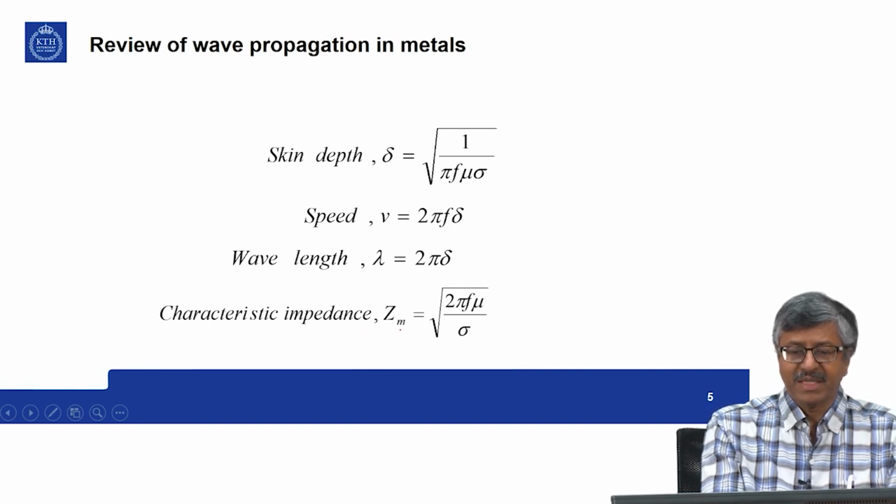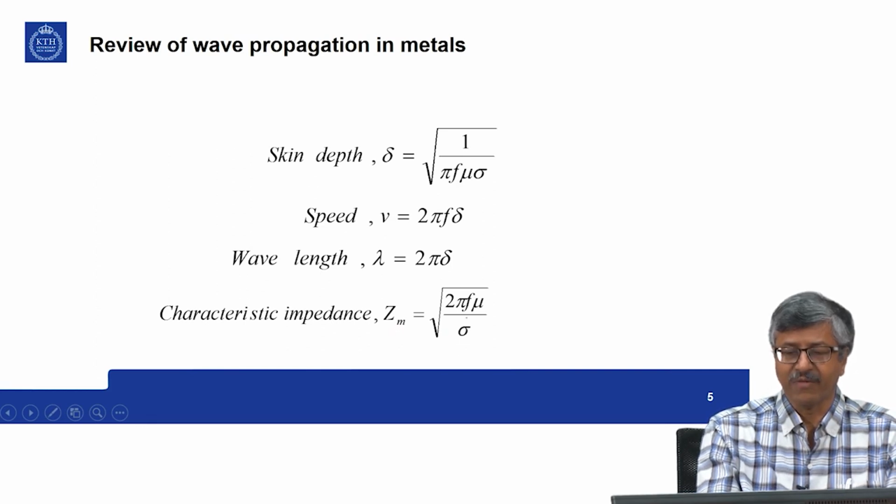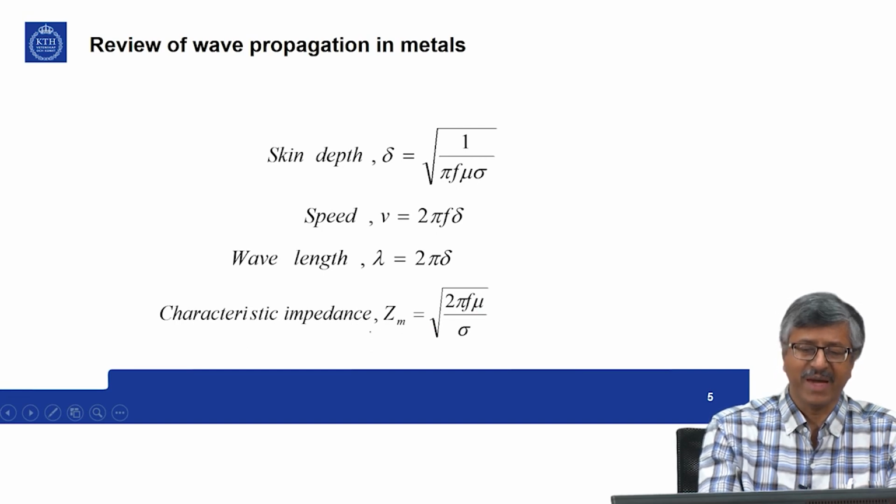Then characteristic impedance of the metal is equal to square root of 2 pi f mu by sigma. So, higher the frequencies, you have a higher characteristic impedance, but still quite low value.